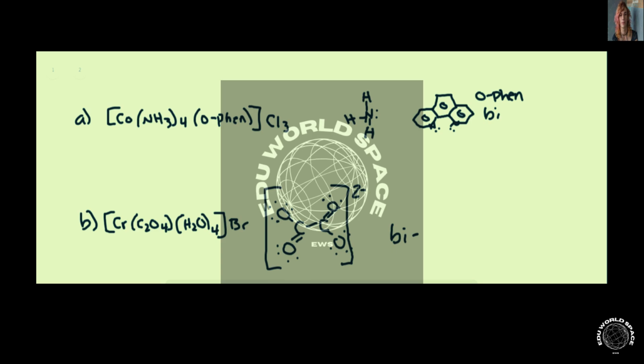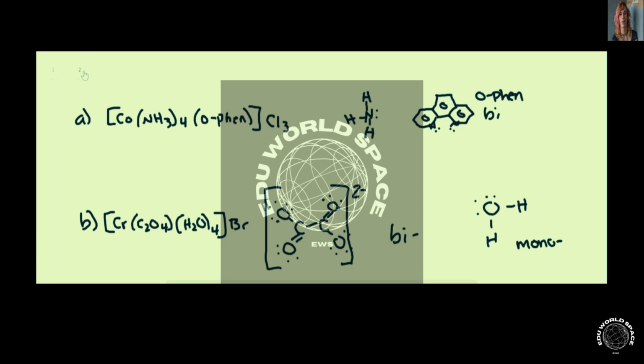Water, H2O, it has 2 lone pairs, but you're never going to have these 2 sites being bound to the same molecule, and so this is going to be a monodentate ligand.